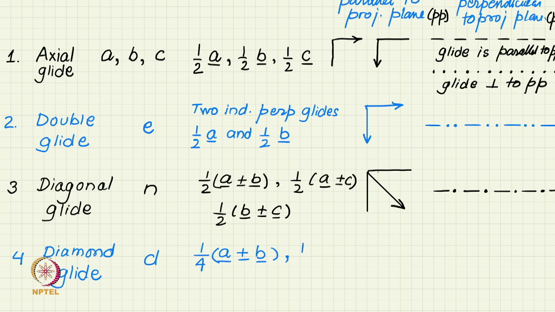So it's 1/4 a plus b, 1/4 a plus c, 1/4 b plus c, or even in some cases it can be along the body diagonal. So 1/4 a plus minus b plus minus c.